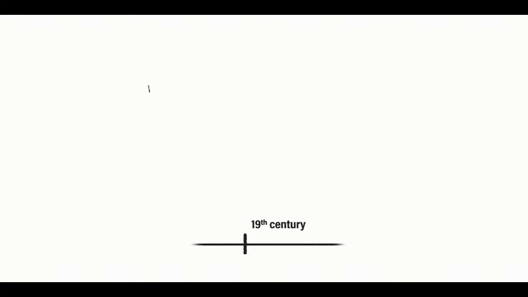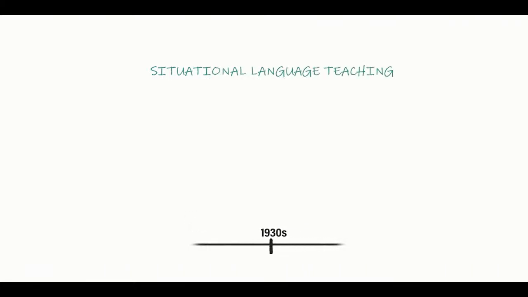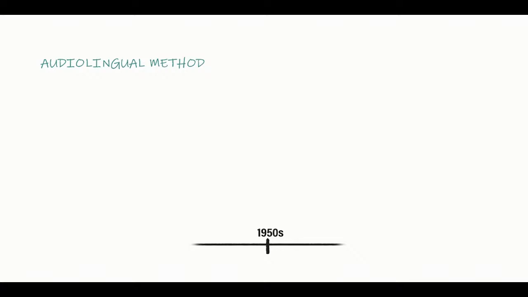In an attempt to give a more scientific foundation to language teaching, other methods, such as situational language teaching, were created, although the real change emerged with the audiolingual method in the 1950s. The audiolingual method, or audiolingualism, was based on psychological theories of behaviorism.